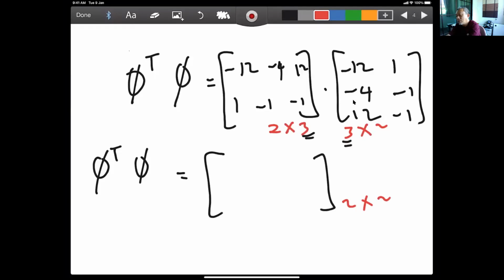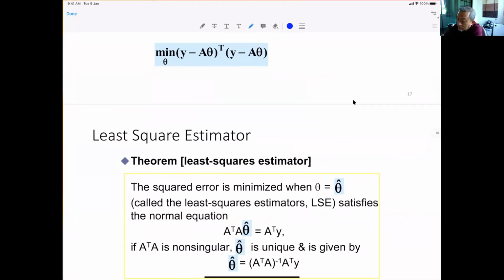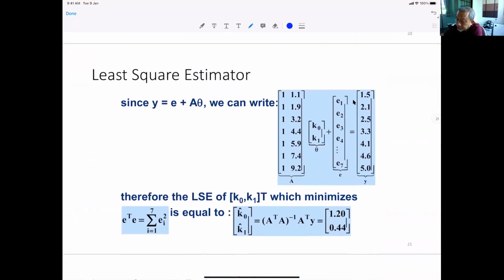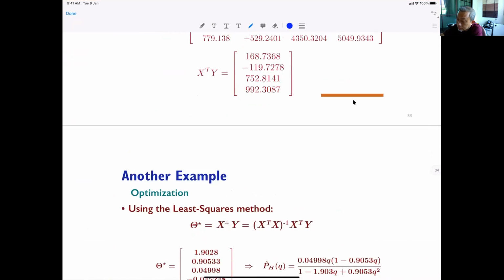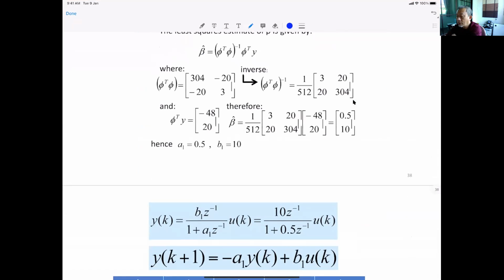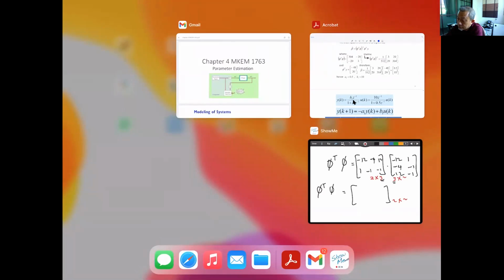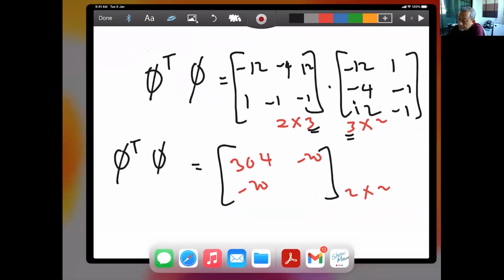You multiply using a calculator, and you will get the values 304, minus 20, minus 23.